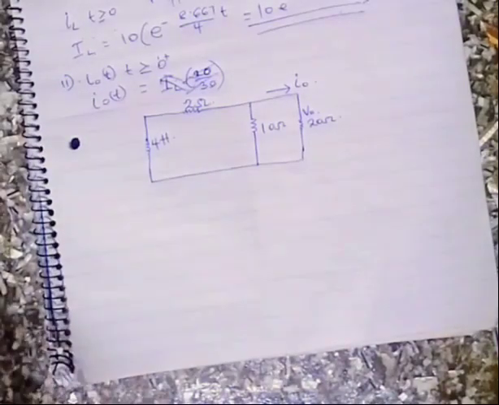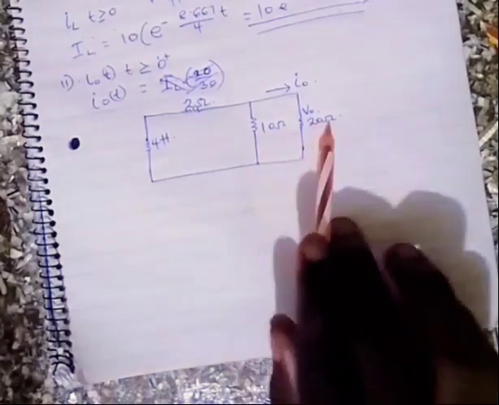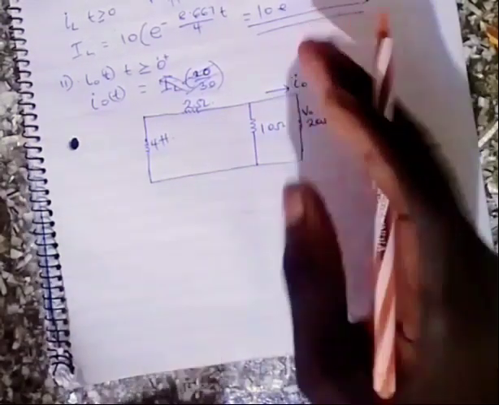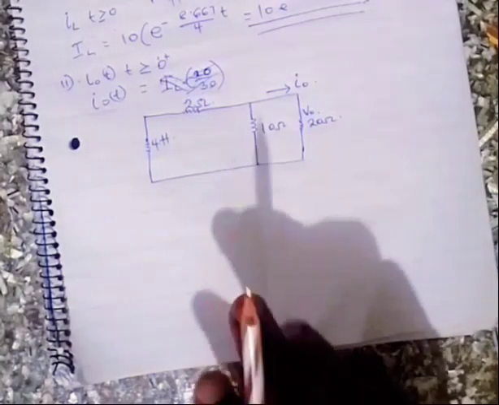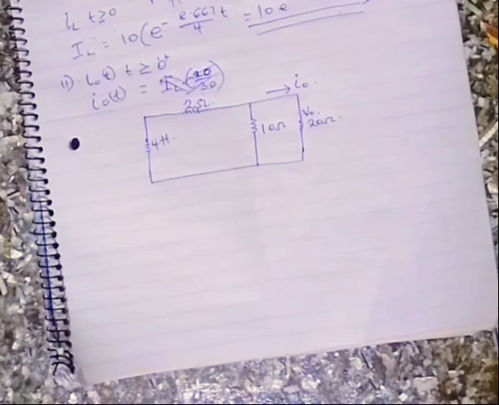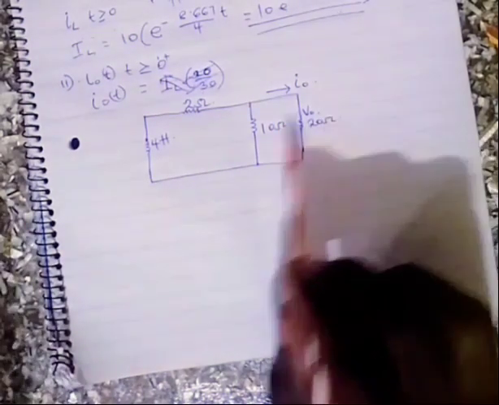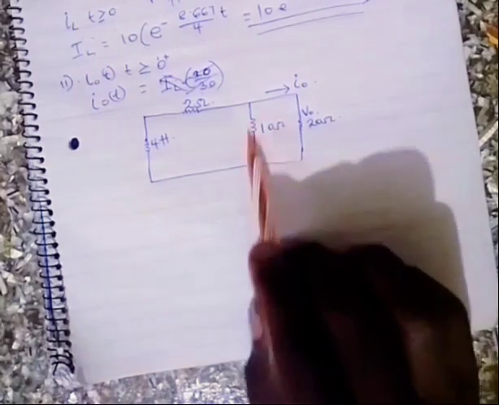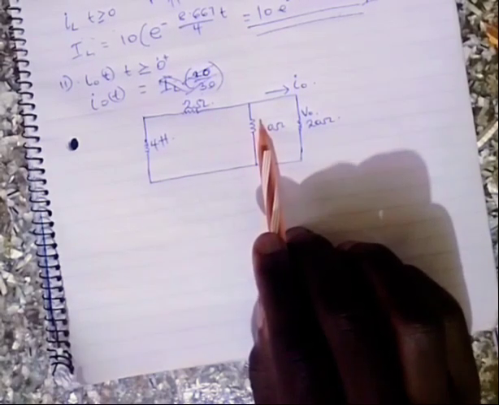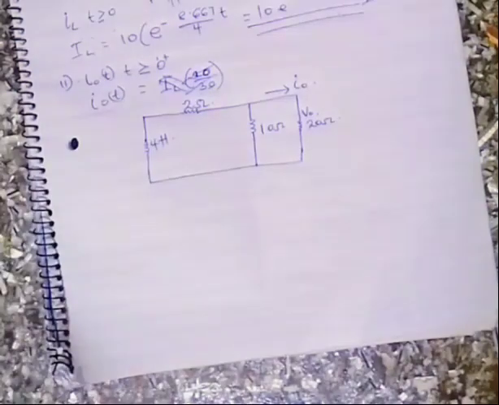So we have to find i0 using the current division rule, which states that the current in any of the parallel branches of a parallel circuit is equal to the ratio of the opposite branch resistance to the sum of all resistance, multiplied by the total current.